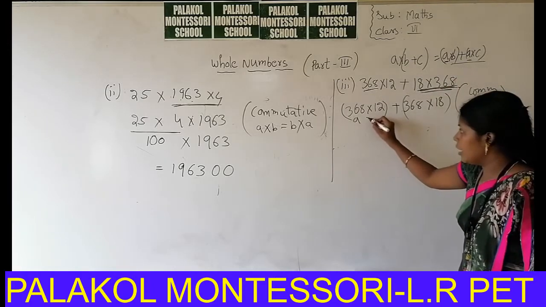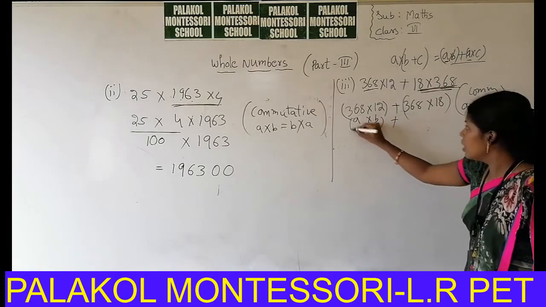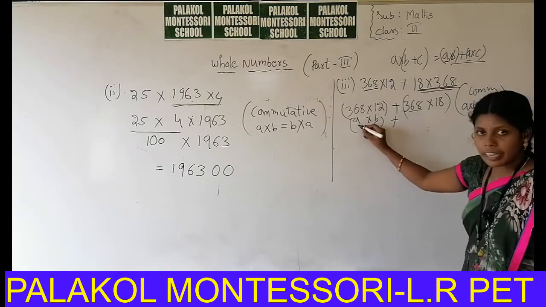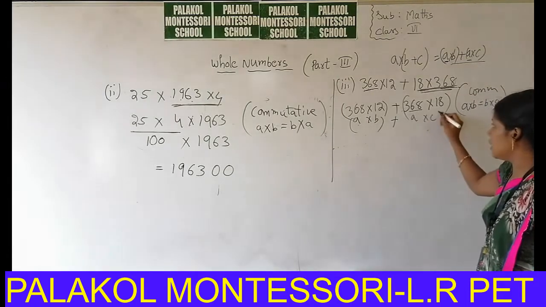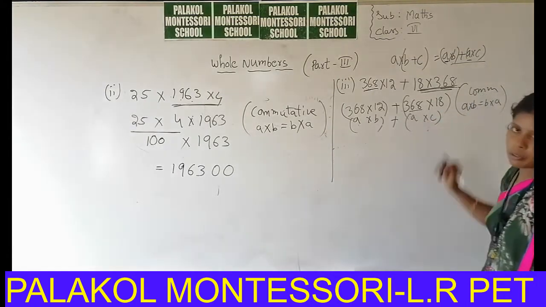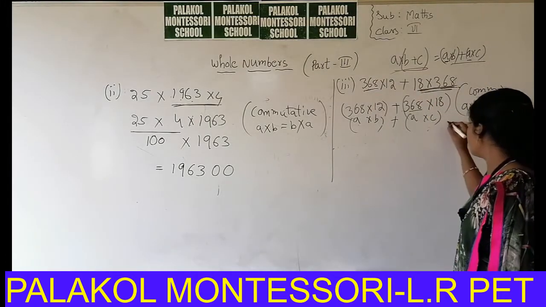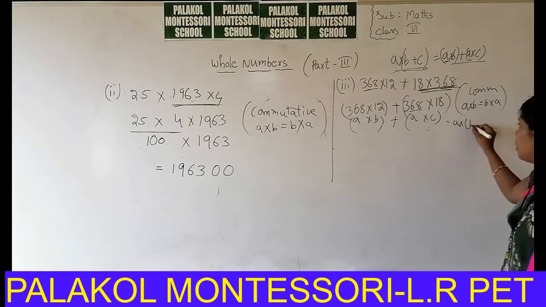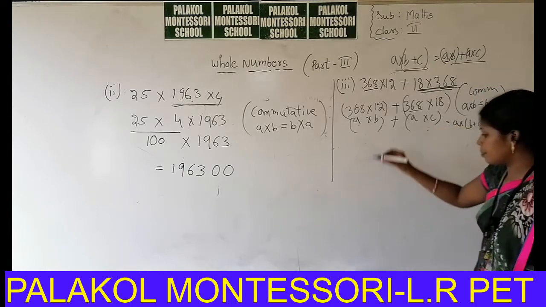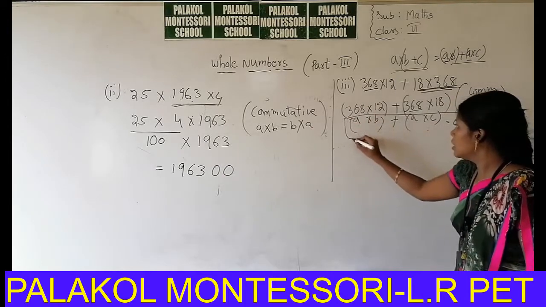This is A into B plus A into C. So we can find A into B plus C. You already know that A into B plus C.